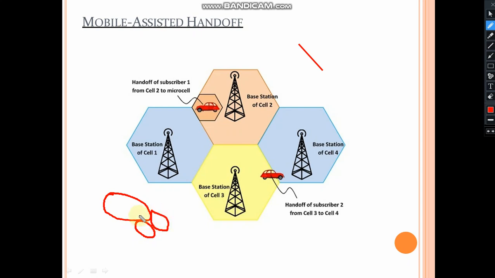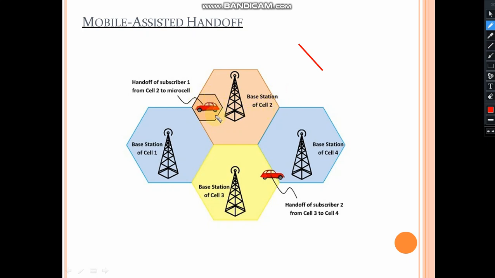That's why we need to use a hexagon itself. Then here you can see one cell has been drawn inside this particular cell number 2.